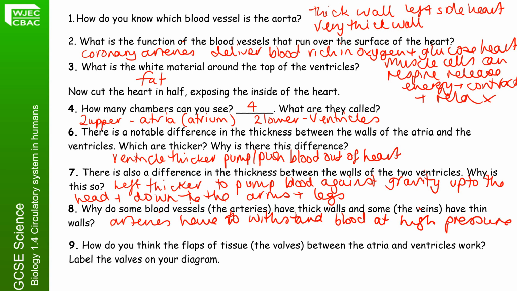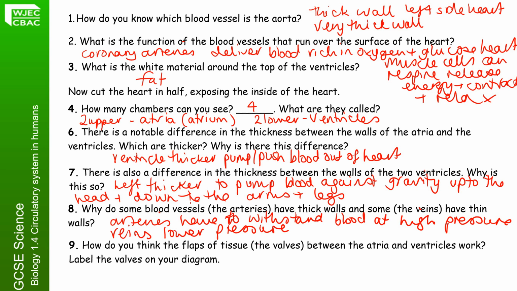Whereas veins have much lower pressure. Now that's a problem in a vein, because sometimes the pressure is so low the blood tries to go the opposite direction to where it should, tries to go back on itself. So veins have valves to prevent this happening.